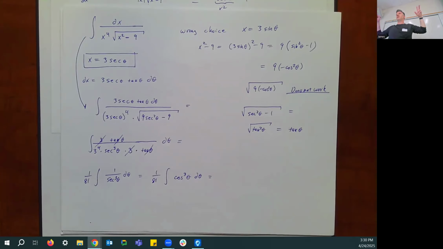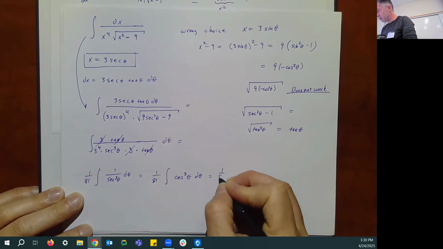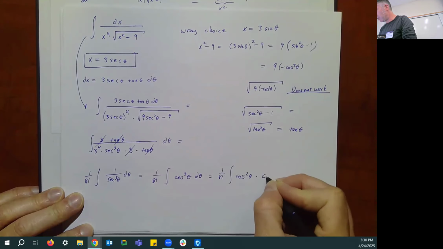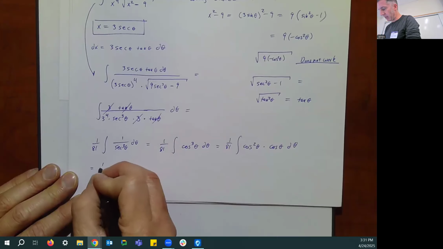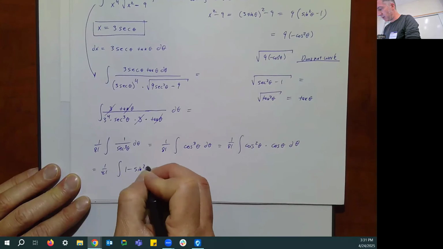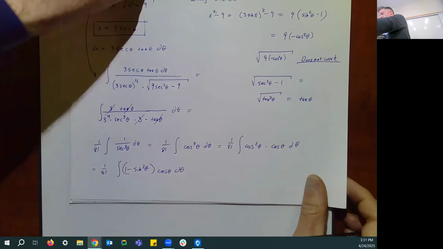But the more natural way of doing this is to rewrite it as cosine squared theta times cosine theta d theta, and then rewrite that as 1 minus sine squared theta times cosine theta d theta.